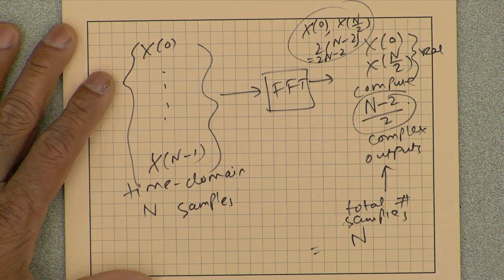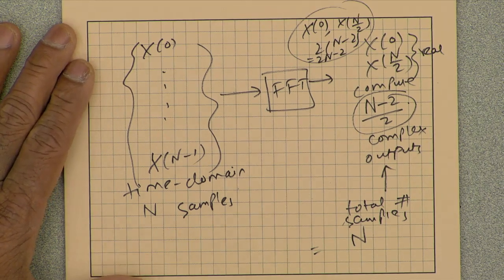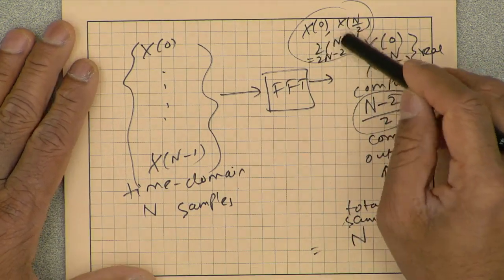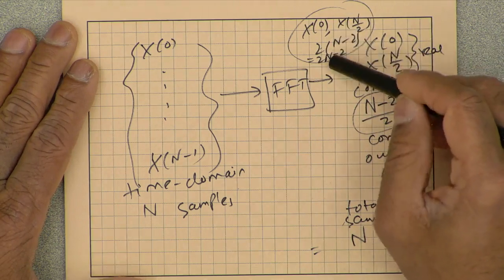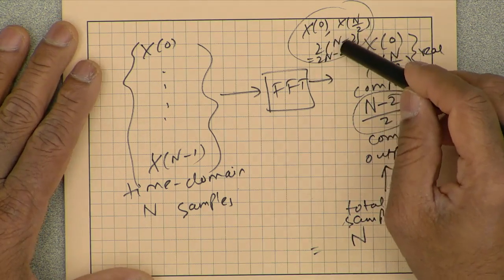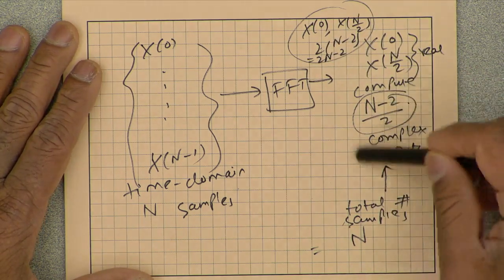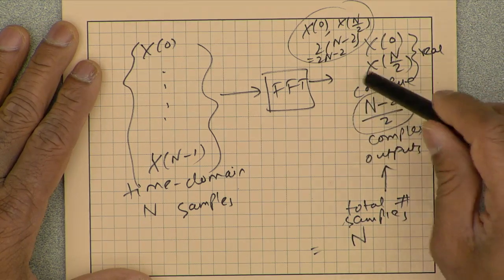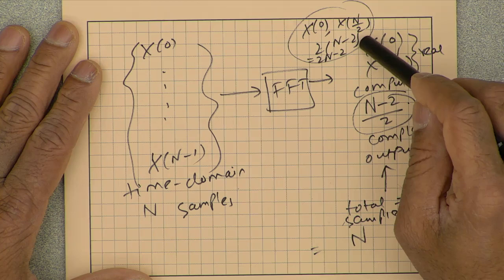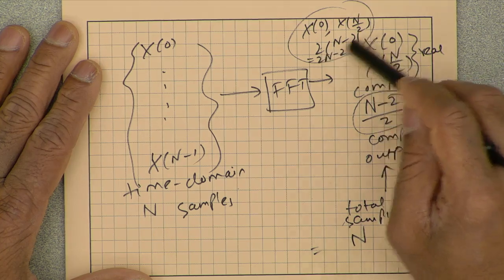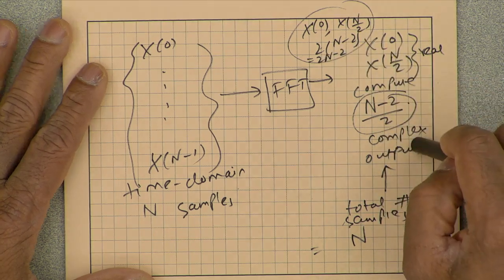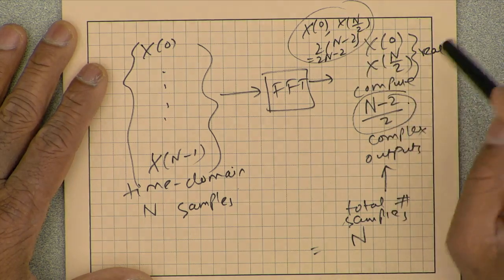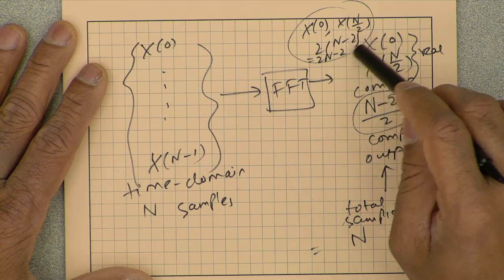So if you construct a matrix, the rank will still be N, and so it may give an illusion that we are creating more independent outputs. We are not, because half of these are complex conjugates of each other, so this 2 times N minus 2 is really N minus 2 complex signals, which is N minus 2 values if you take real and imaginary parts as independent values.